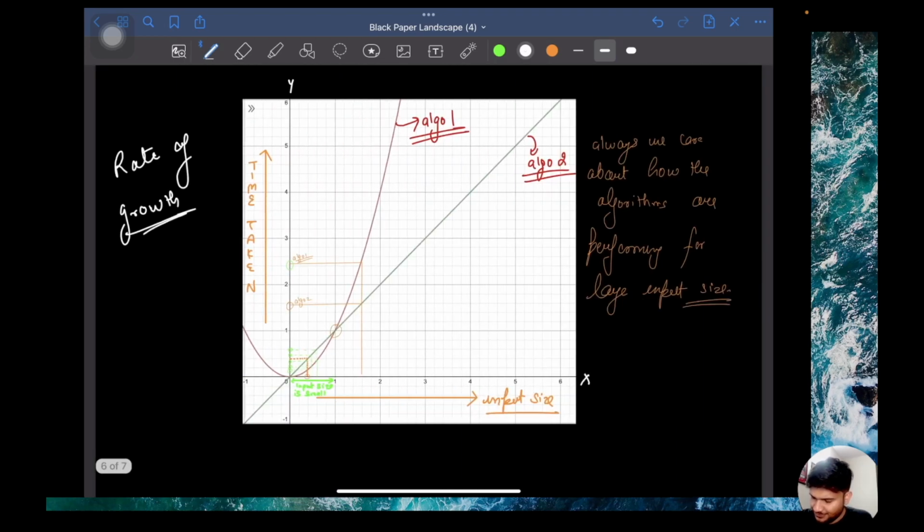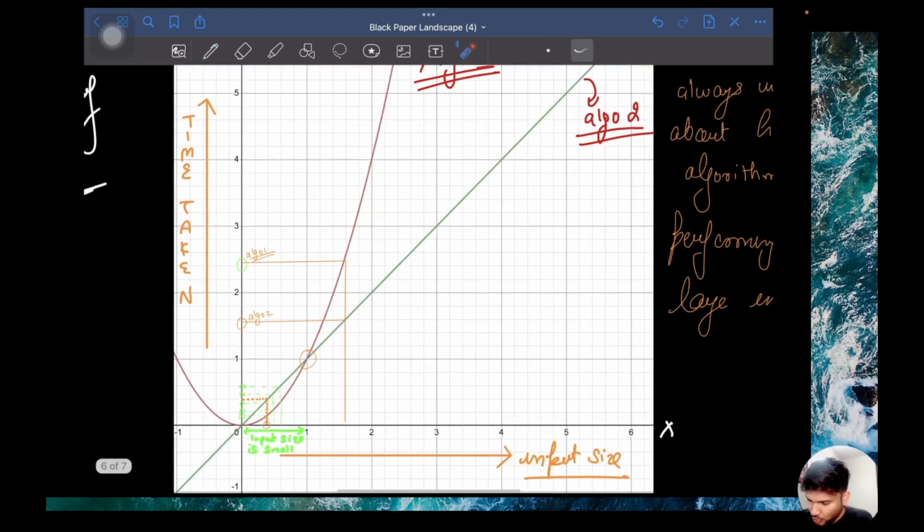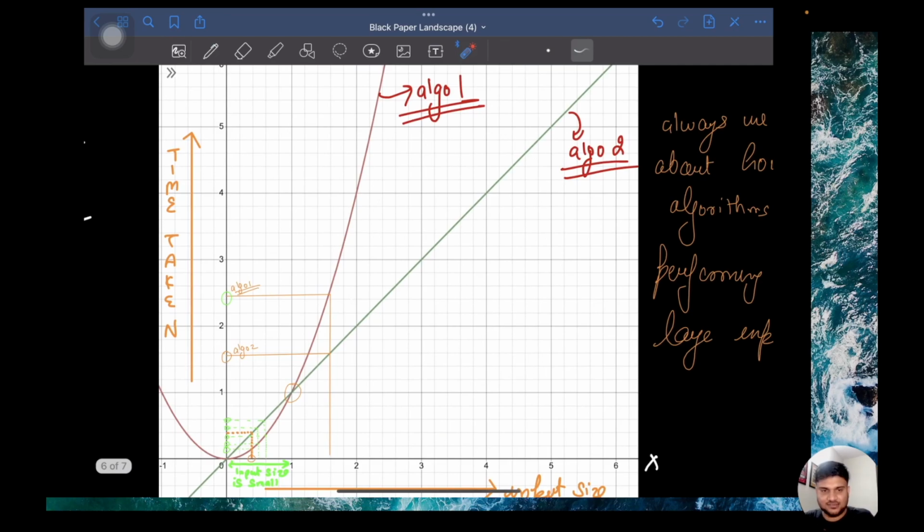So if you see the growth, that means the increase with every change, let's say with every small change in the input, do you see how much change?